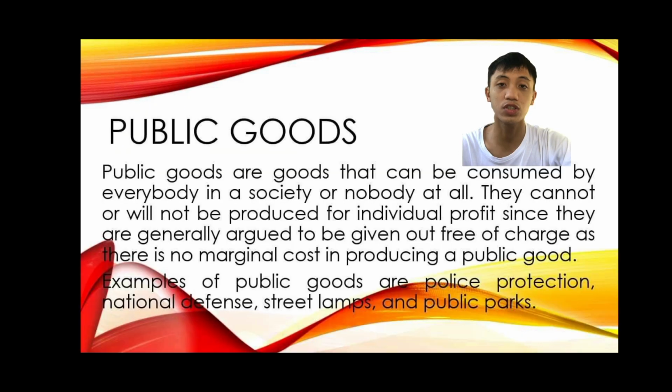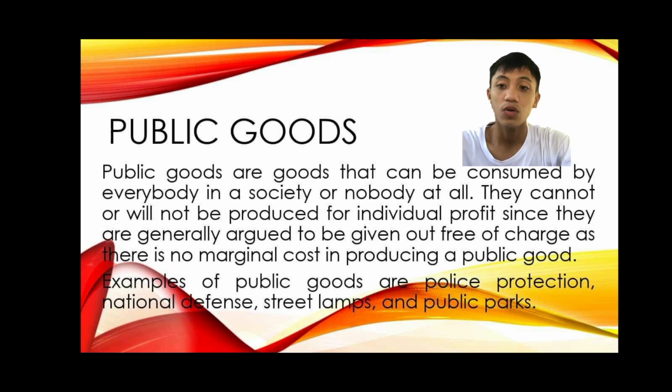Public goods, this is what we are talking about last. Public goods are goods that can be consumed by everybody in a society or nobody at all. Earlier, merit goods were specific, while public goods, from the word public, are generalized.